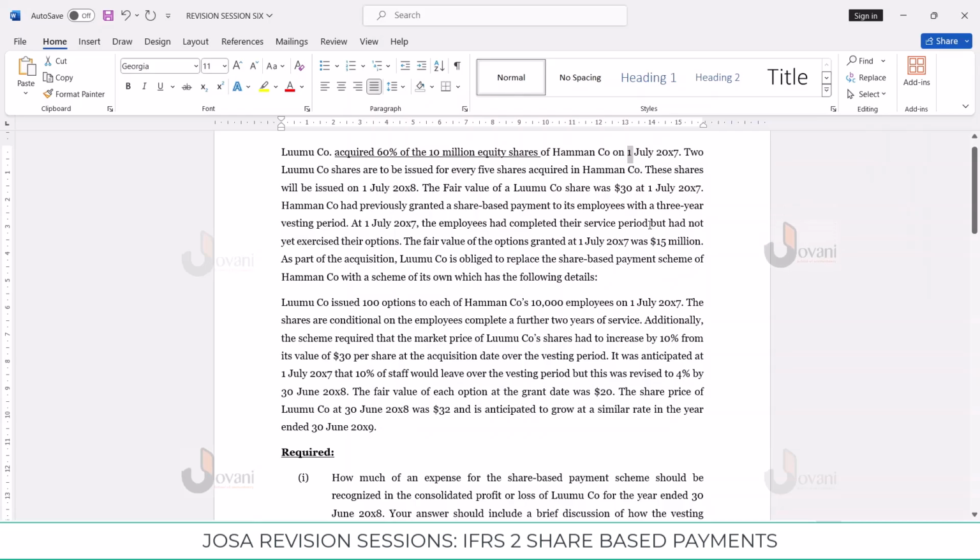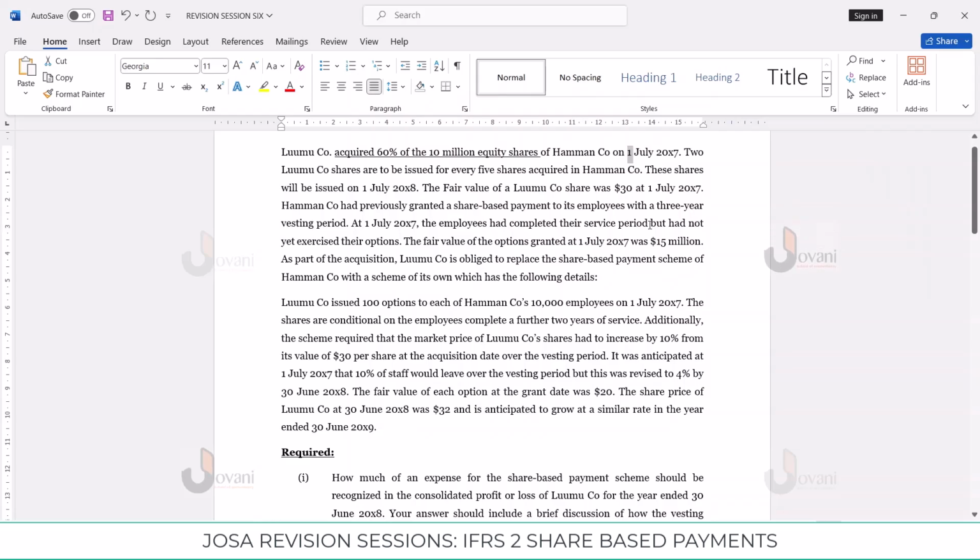Now, if you remember the formula, you can easily start thinking about a number. The shares are conditional on the employees completing a further 2 years of service. So this is a service condition. And that's why the question talks about this.